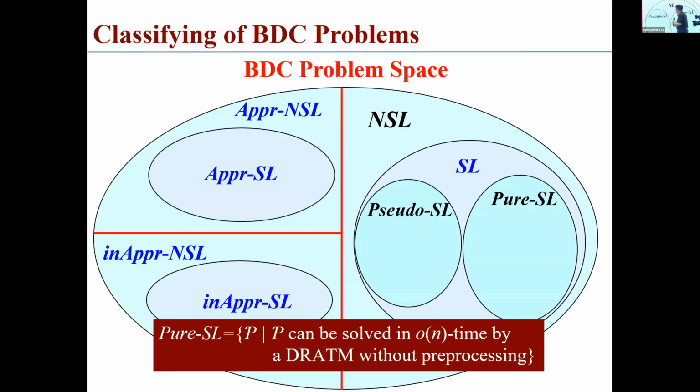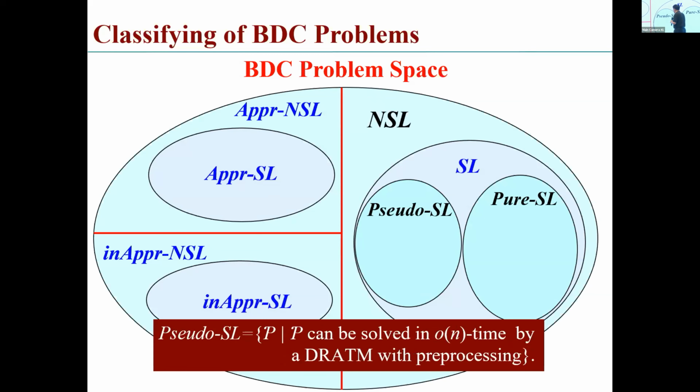But this one includes all the problems that can be solved in sublinear time by a DRATM with pre-processing. So we call it pseudo.